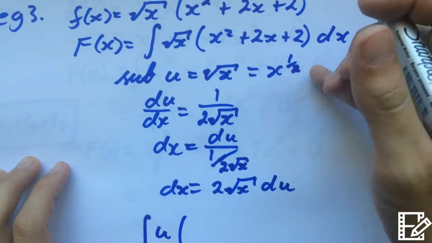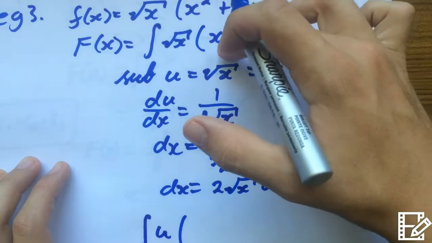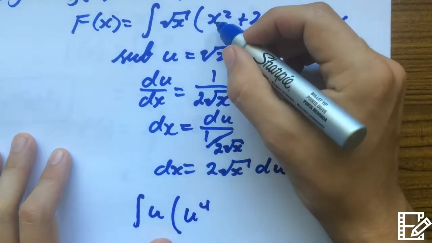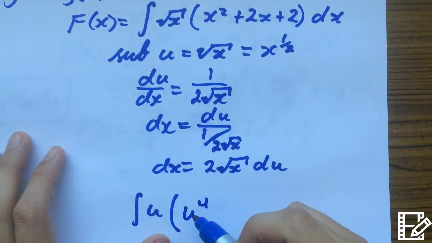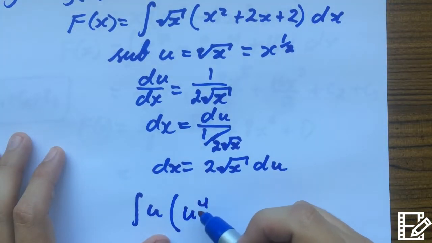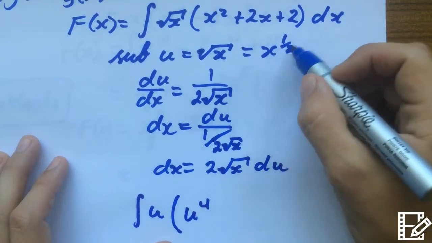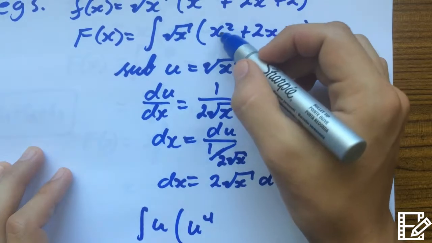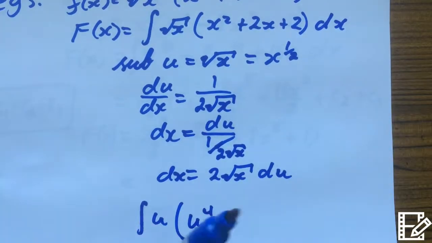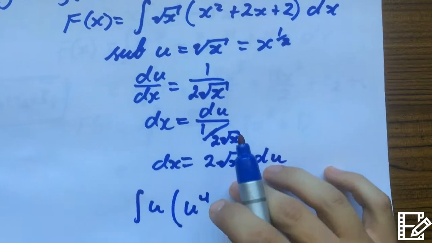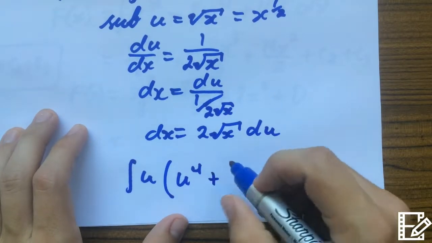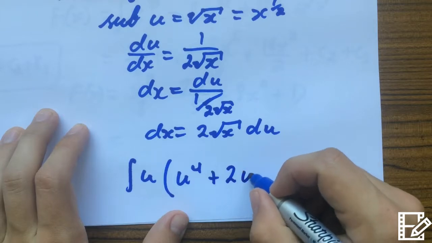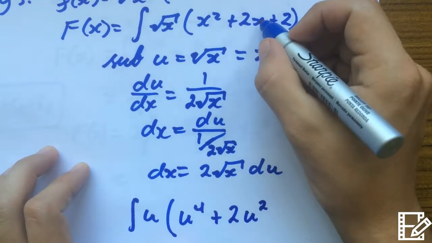So think of it as if we had u to the power of 4, that's the same as having x to the power of 2, plus 2u squared, because we have 1x.